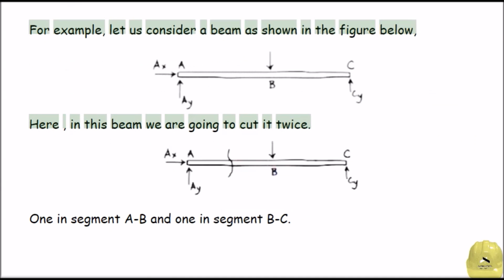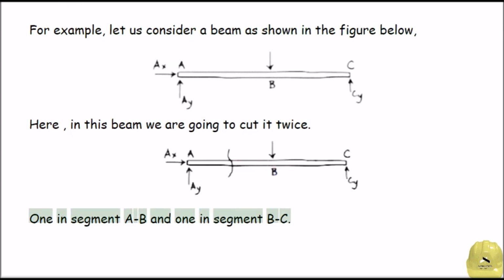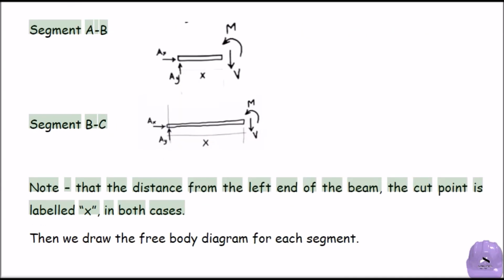For example, let us consider a beam as shown in the figure below. Here, in this beam we are going to cut it twice, one in segment AB and one in segment BC. Note that the distance from the left end of the beam to the cut point is labeled x in both cases.